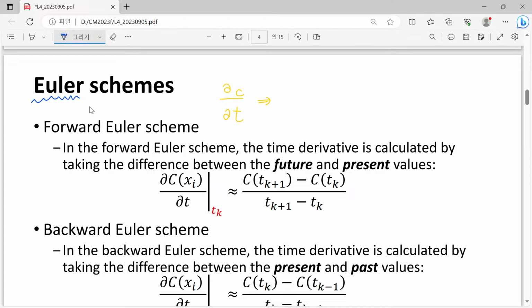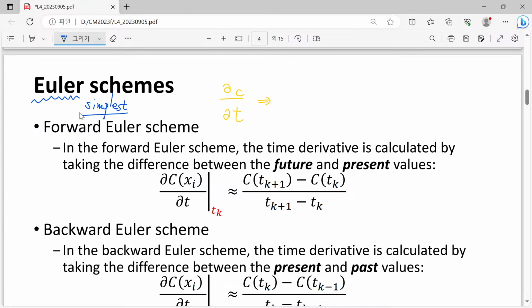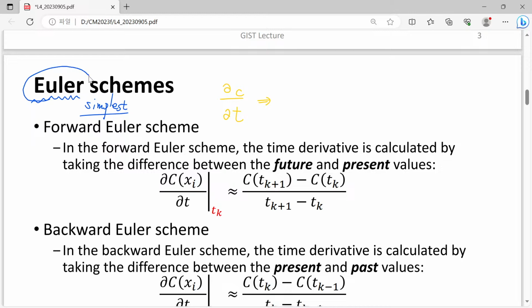This so-called Euler scheme is the simplest one we use in TCAD simulation. Of course, in your commercial software, more advanced ways to calculate this time derivative term are provided. However, we will just restrict ourselves to the simplest one.